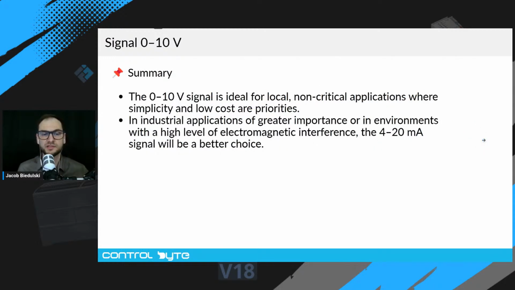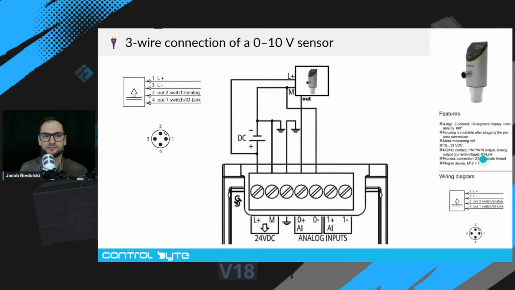So to sum up, the 0 to 10 volt signal is ideal for local, non-critical applications where simplicity and low cost are priorities. In industrial applications of greater importance or in environments with a high level of electromagnetic interference, the 4 to 20 milliamp signal will be a better choice.